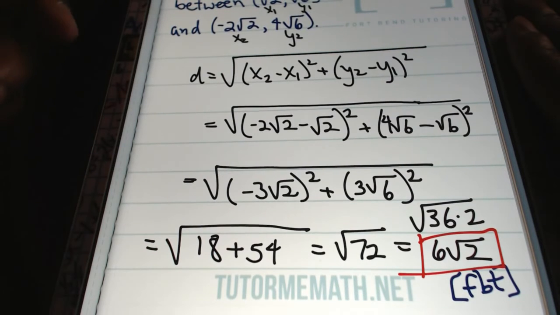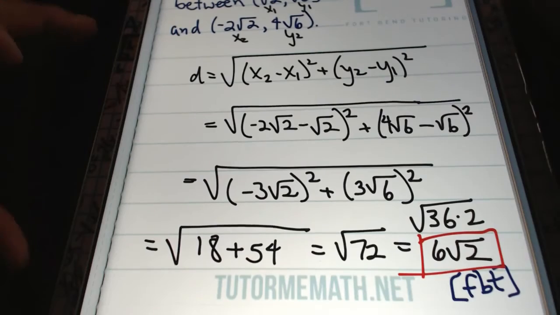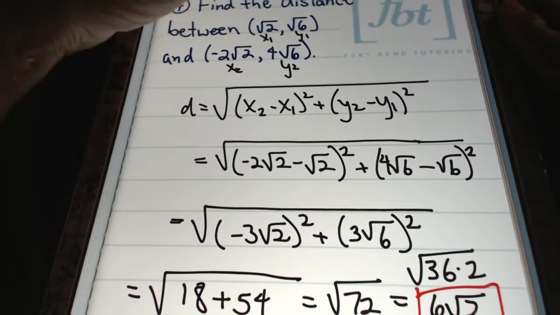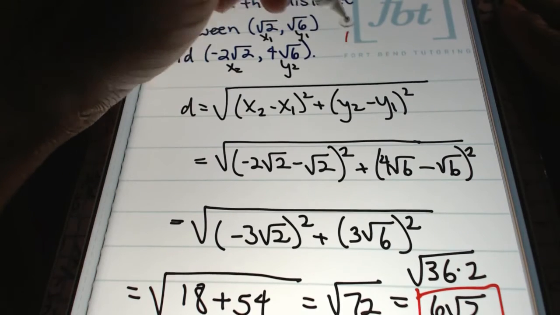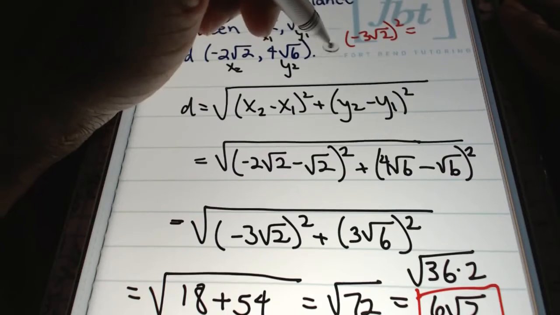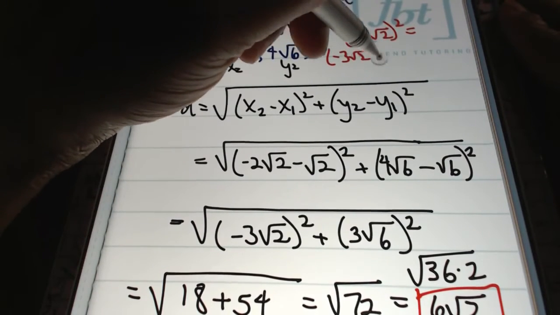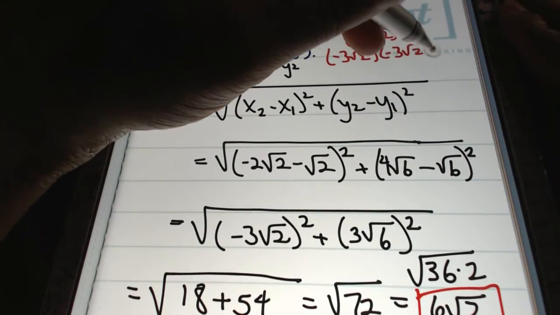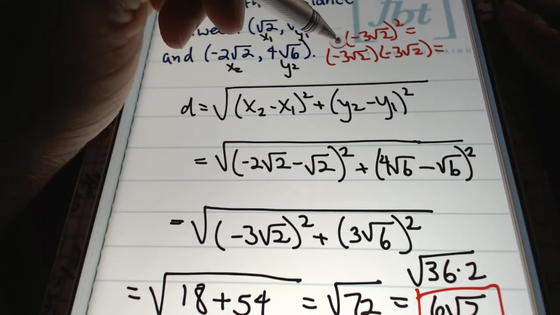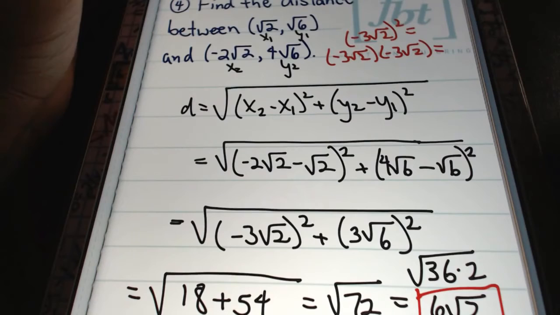Amen. And let me go ahead and do a little slow motion, guys, on that -3 times the square root of 2 squared, so you'll see exactly what occurred here. All right. So you could actually expand this if you wanted to. This -3 square root of 2 squared means -3 times the square root of 2 times -3 times the square root of 2, right? So notice that once you expand this, you can then focus clearly on the individual parts.